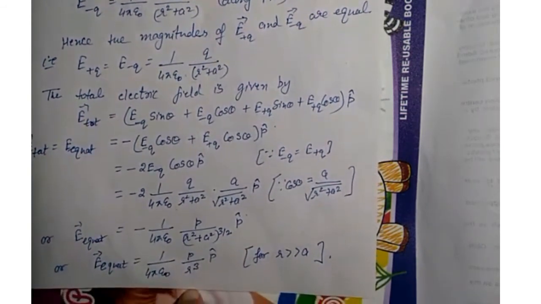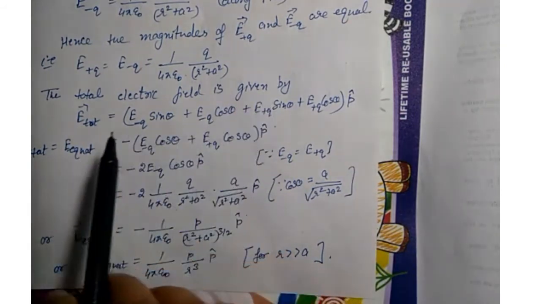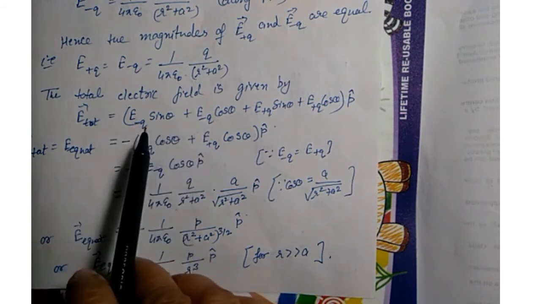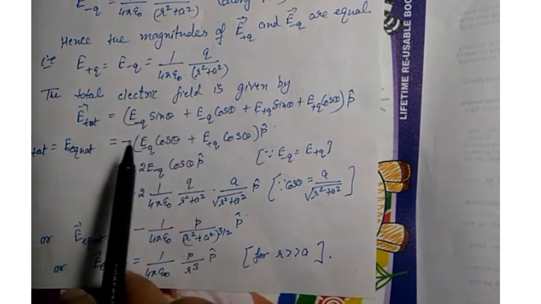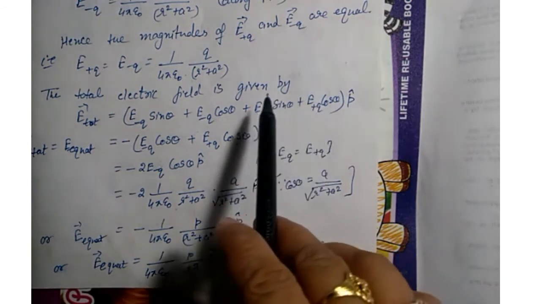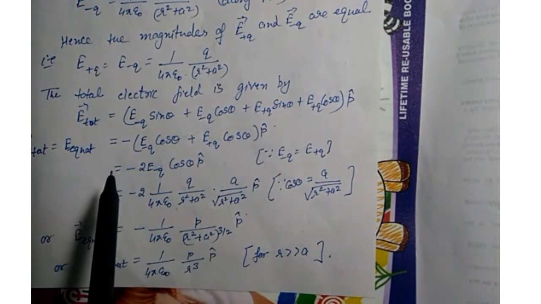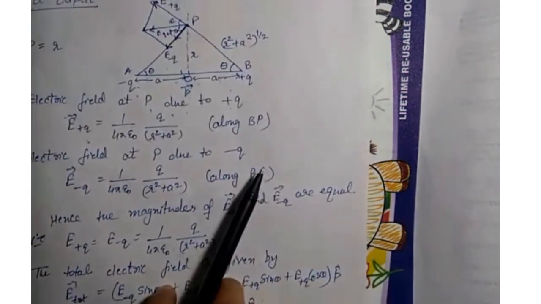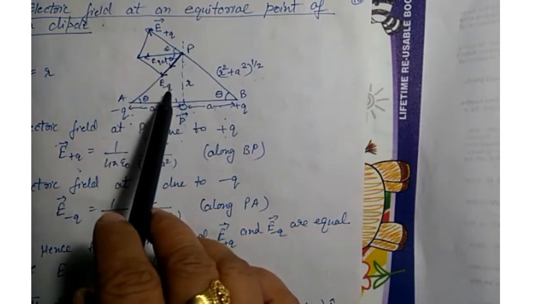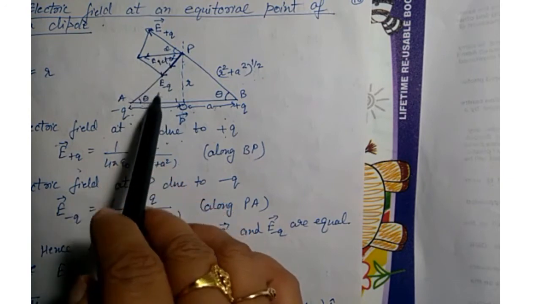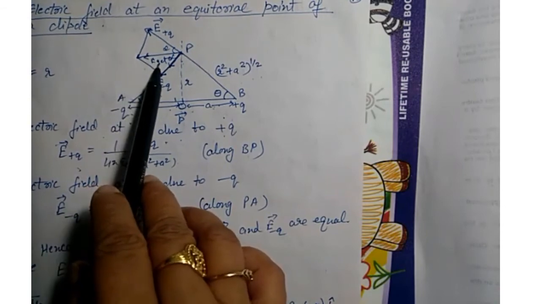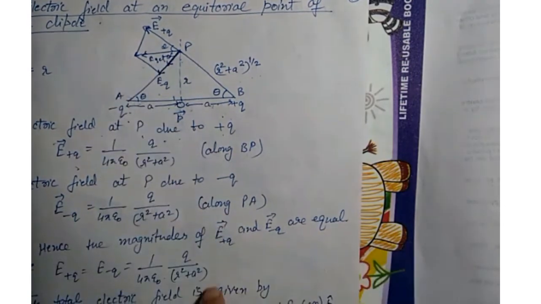Therefore, the total electric field is given by E equatorial is equal to the perpendicular component and the horizontal component for the charge minus Q plus the perpendicular and the horizontal components for the charge plus Q. As the perpendicular components of the electric field, perpendicular to the dipole, are equal and opposite, they get cancelled out and the net resultant field is due to the parallel component, that is the cos factor.